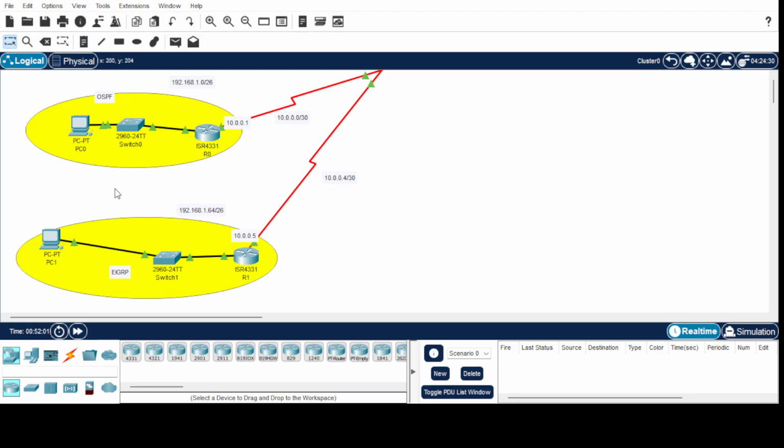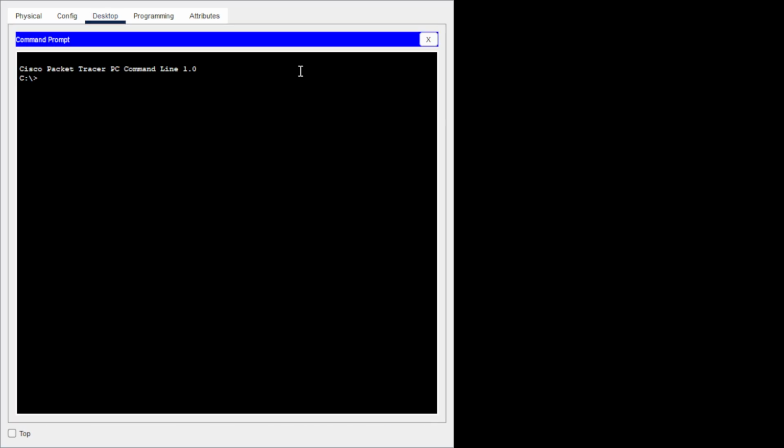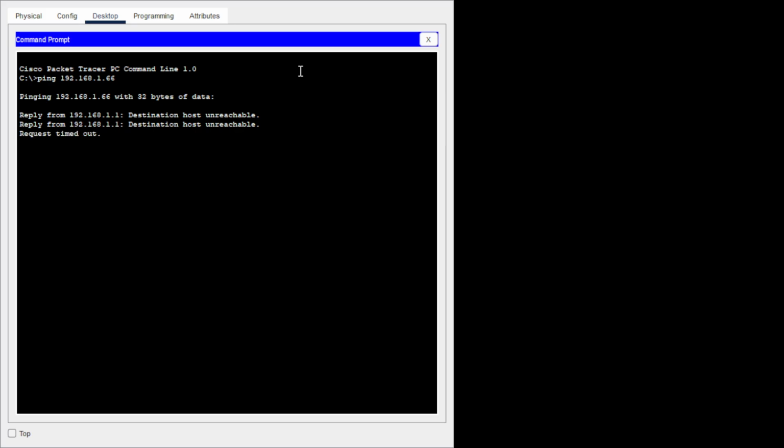Still, let's try to ping from PC0 to PC1. Bringing back the PC0 screen, ping 192.168.1.66. It will say destination host unreachable, because at this point the two routing protocols are unknown to one another. So let's do the proper definition for them.